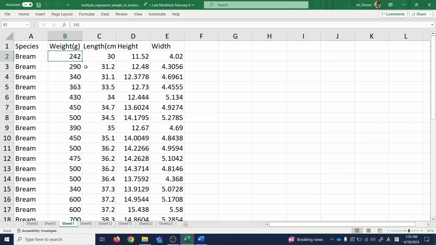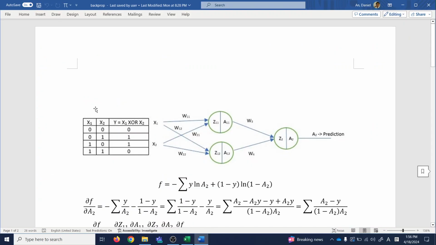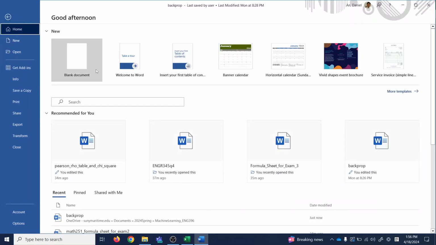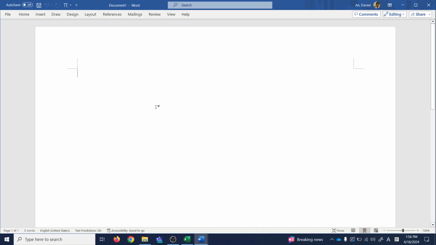So it would be nice if the weight can be predicted just from the length, height, and width. So such a problem, assuming that you have a linear relationship between those variables, is called a multilinear regression.